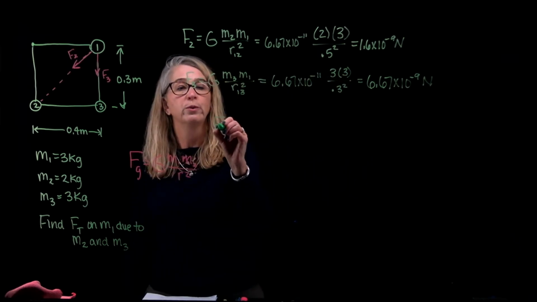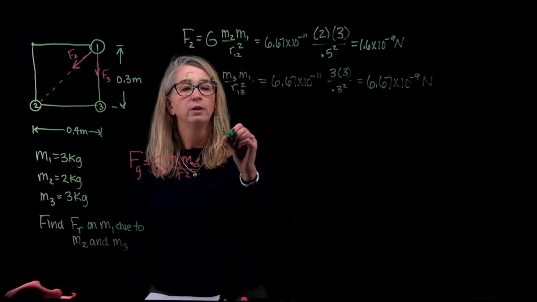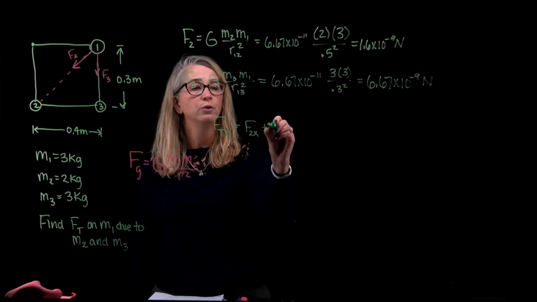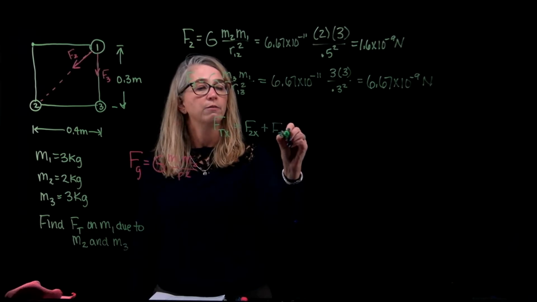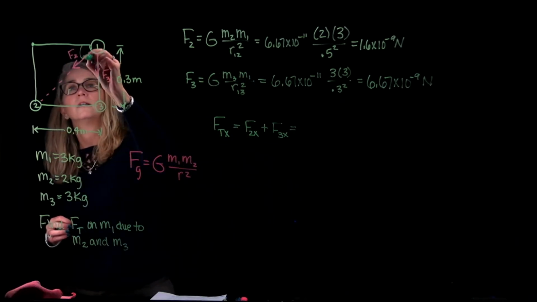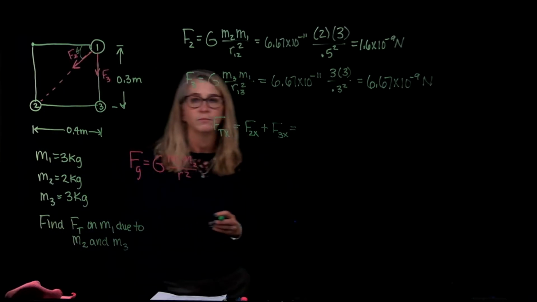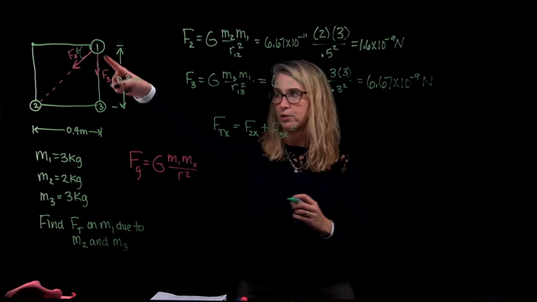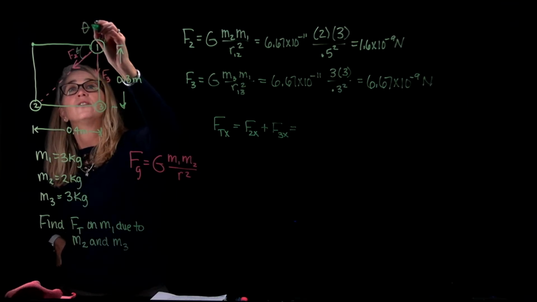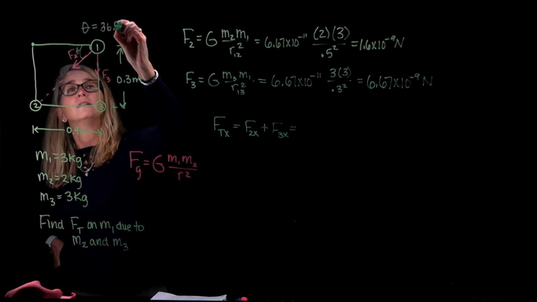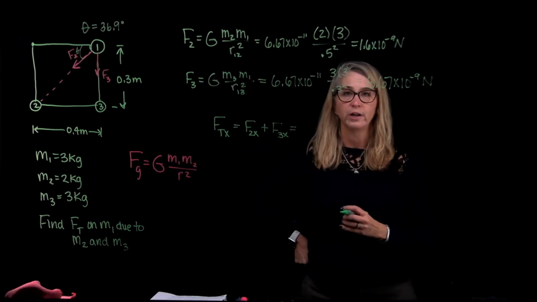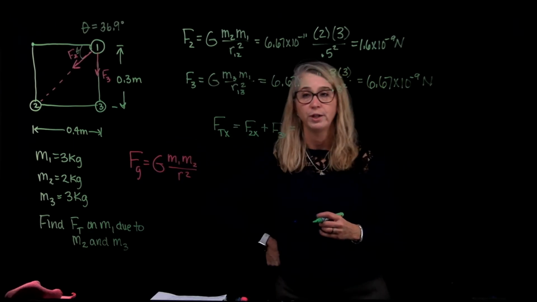We're going to add x's together, so the total x component is going to be given by the x component of 2 plus the x component of 3. Now for 2, let's look at this angle. We're going to use that angle that I just drew there. If you do some calculations, I'll let you do it, you can use your trig know-how and figure out that that angle is 36.9 degrees.